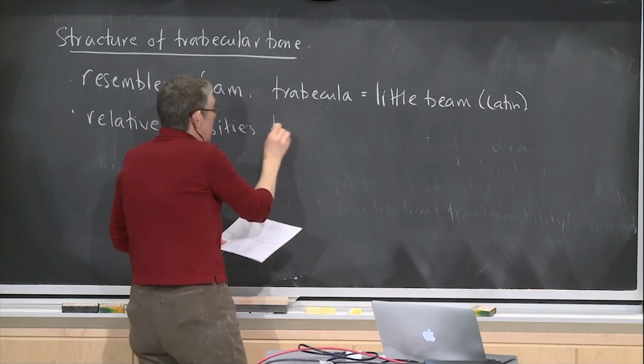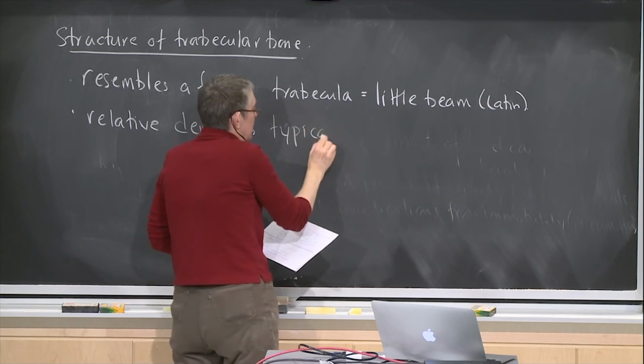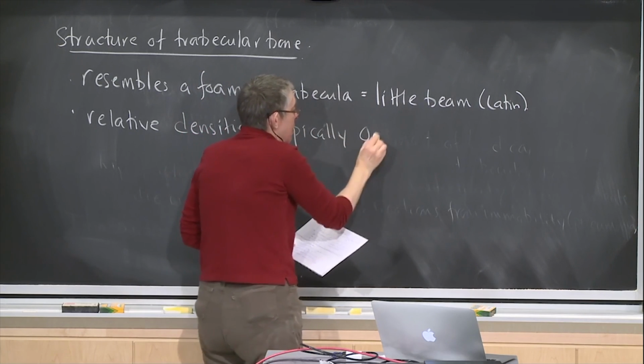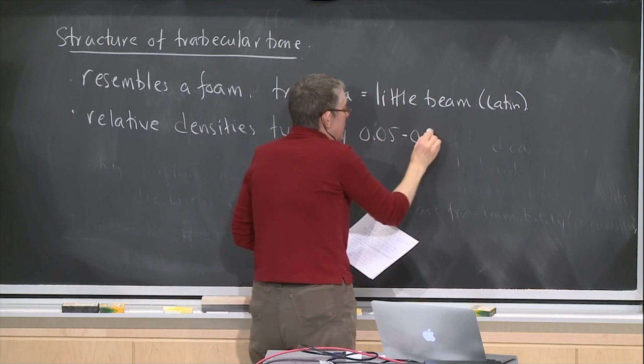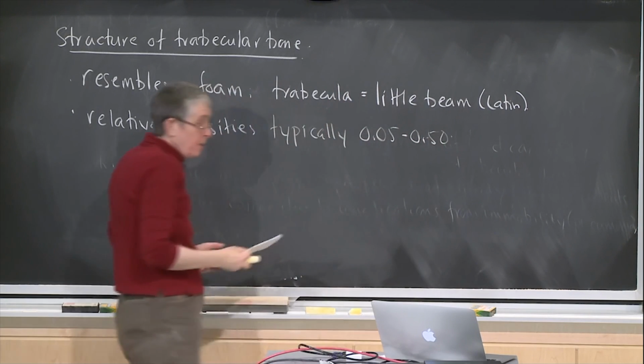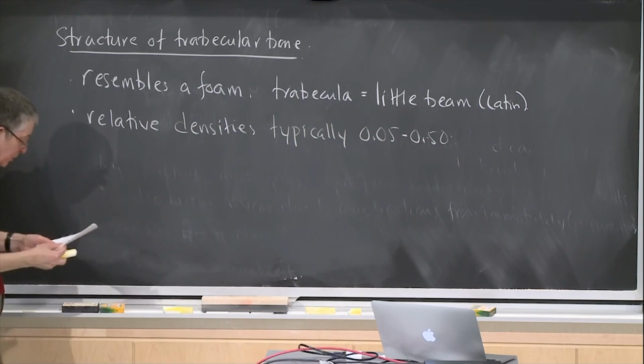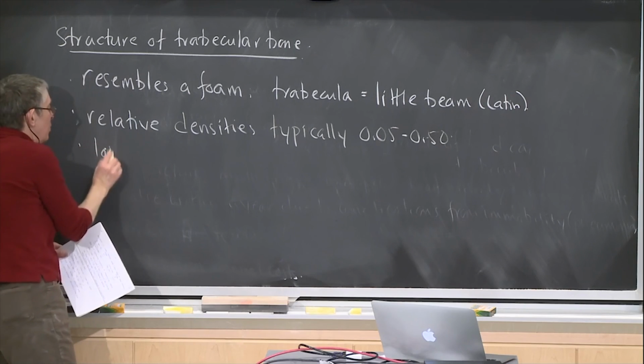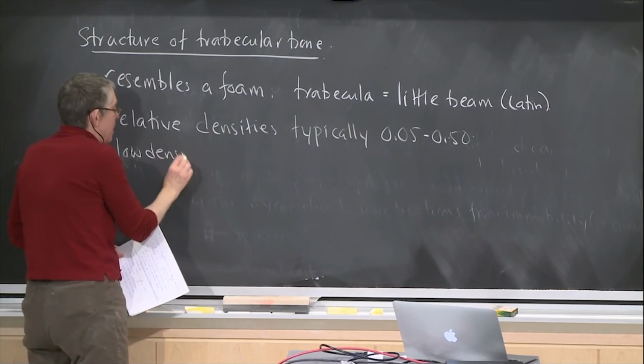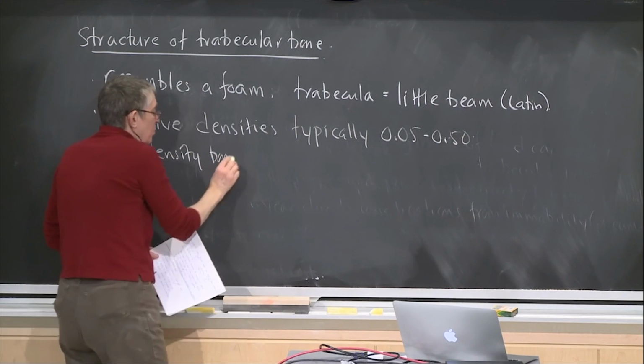And they range typically between about 5% dense and 50% dense. So something like 0.1 or 0.2 might be typical. And the low density bone resembles an open-celled foam.